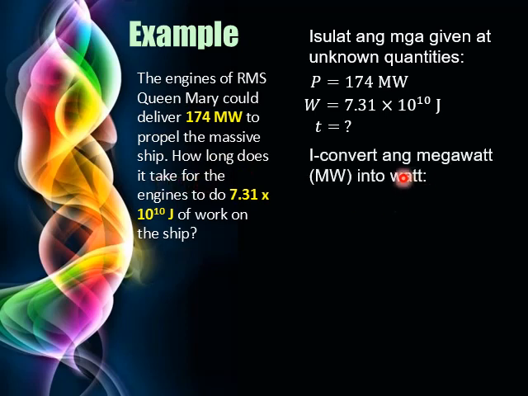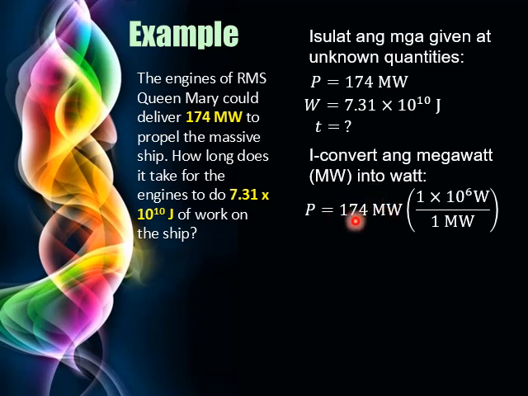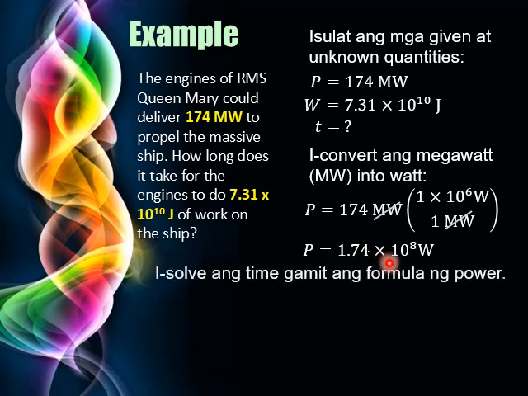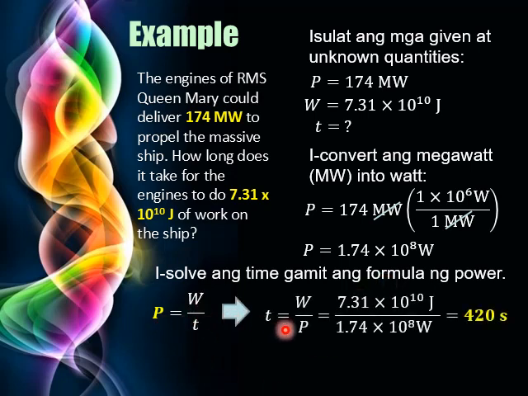Okay, so first we need to convert megawatts into watts. We multiply 174 megawatts by 1 times 10 to the 6 watts, so we can cancel the megawatt. You have a power of 1.74 times 10 to the 8 watts. Now we solve for the time using the formula of power. Since power is equal to work over time, we just need to rearrange it. What happens is we just swap the positions of P and t.